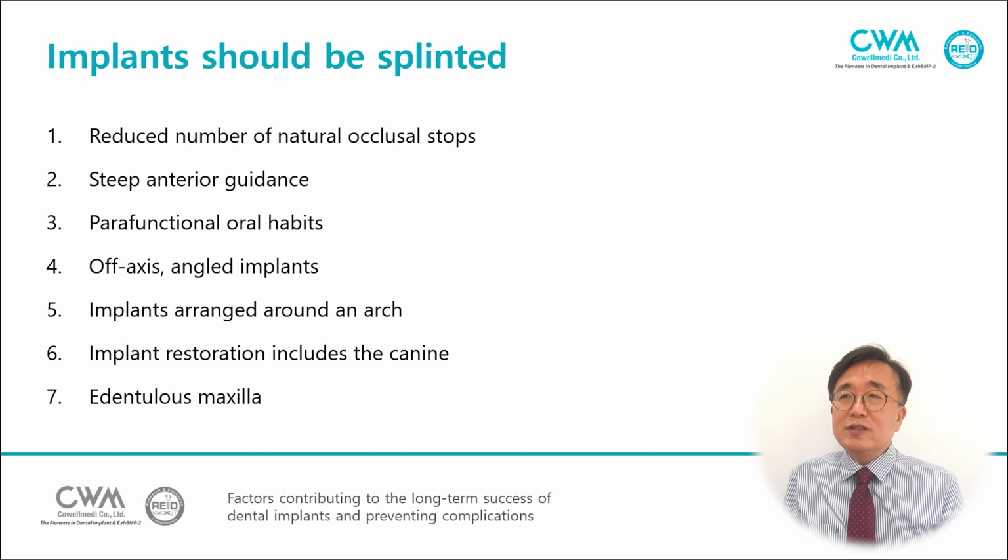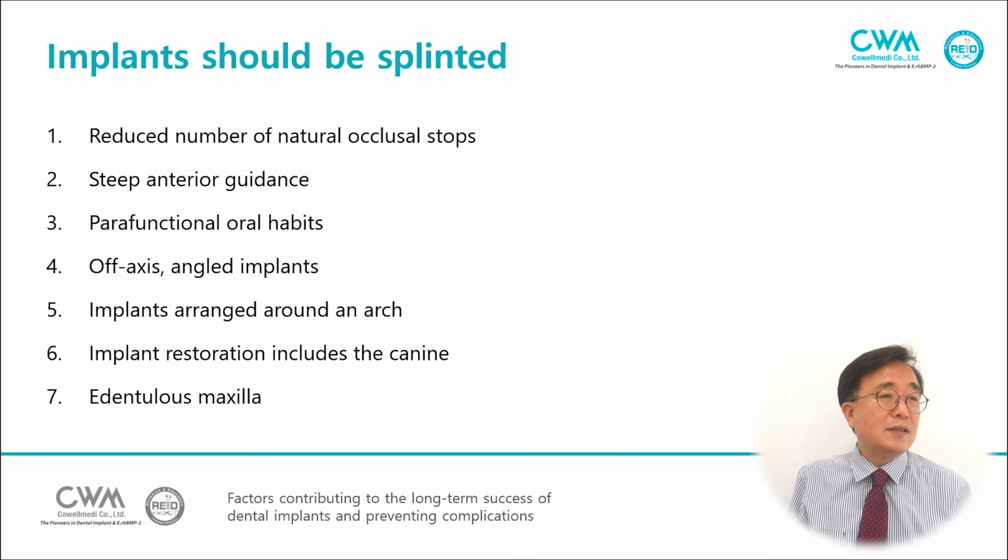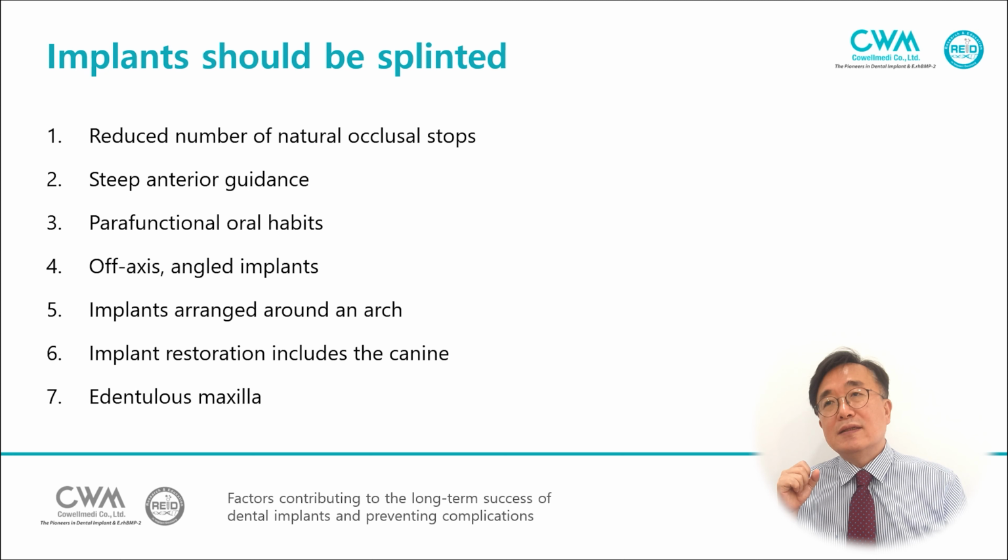First, reduce number of natural occlusal stop. So this means there is no number of occlusal lower maxilla tooth. So we have to reduce implant. We have to do this splint restoration. And second, patient have a steep anterior guidance.